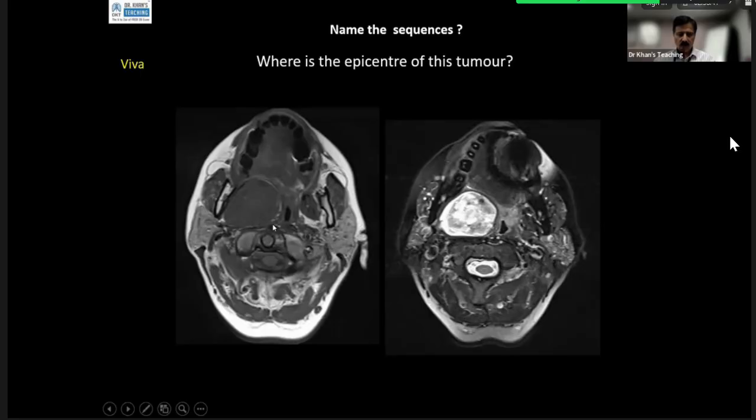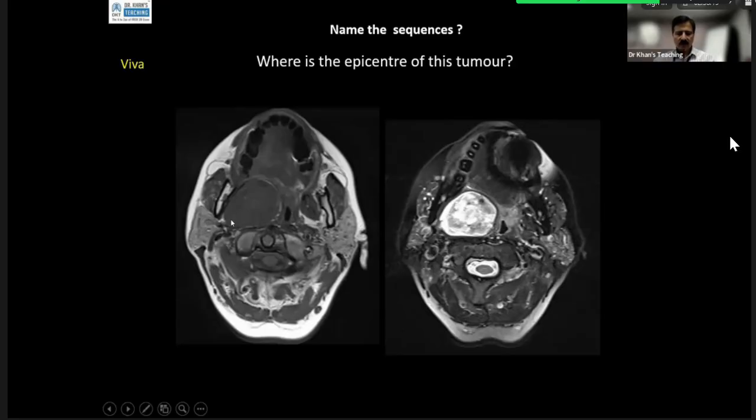It is completely obliterated. You don't see it. Indirectly, this parapharyngeal fat is displaced posteriorly, at least one thing we can make out. Now, if you see here, this is the pharyngeal mucosal space. The mass is also displacing it to the contralateral side. It's not arising from it.